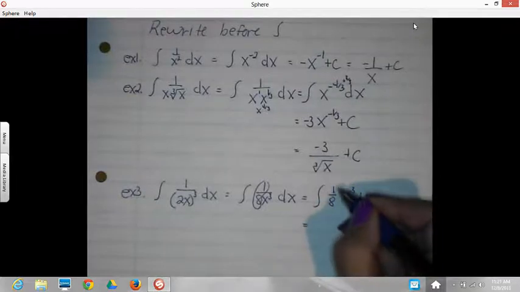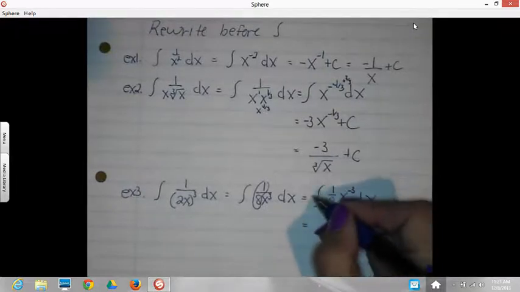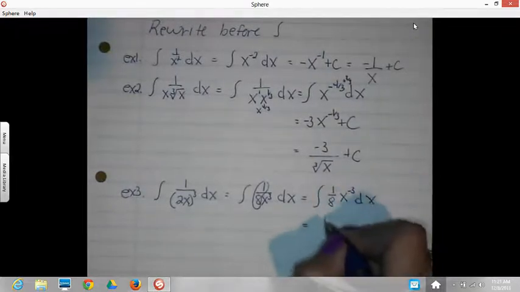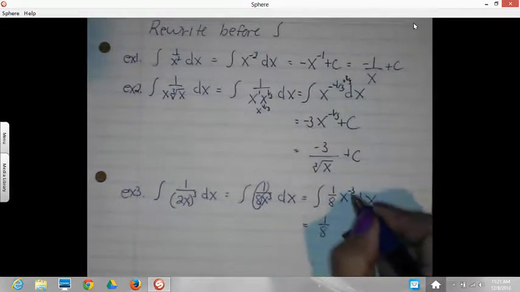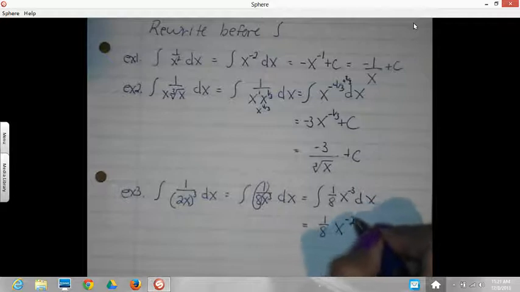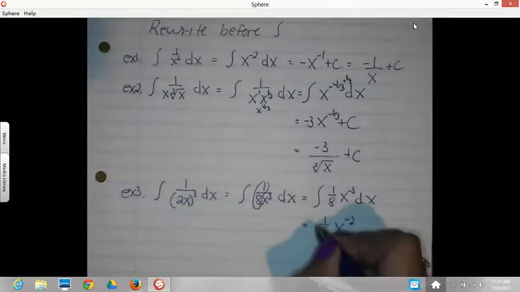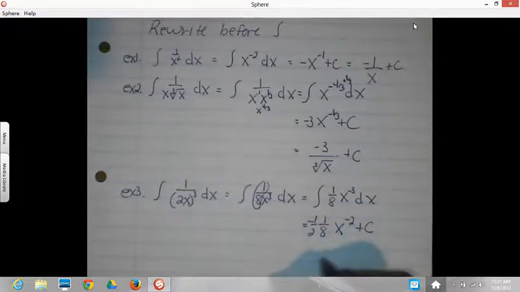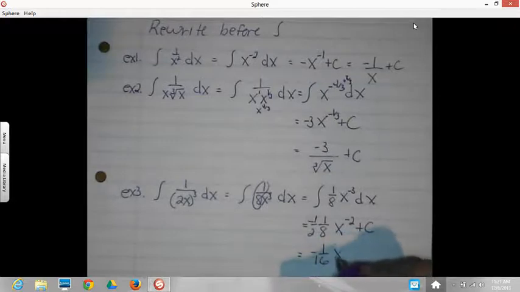And remember, constant multipliers carry along. It could pull out in front, but I don't care. So keep the 1/8. Now your power rule, add 1 to the exponent. Adding 1 there, I get negative 2. Multiplying by the reciprocal of that, negative 1/2, plus c. I get negative 1/16 x to the negative 2. Oh, I could have moved that down right away.